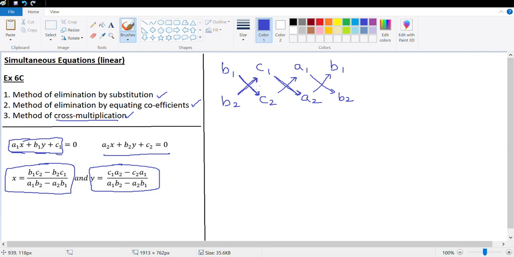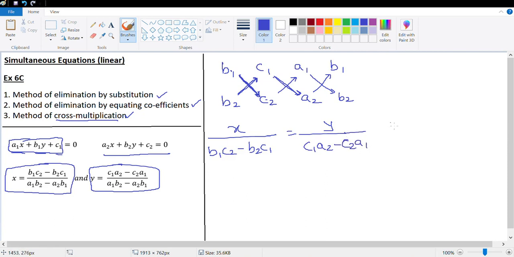Now the formula would be x upon b1 into c2, which is the first term, next minus b2 into c1. The first number written is from top left to bottom right. Next, y upon top left, in this case c1a2 minus c2a1.